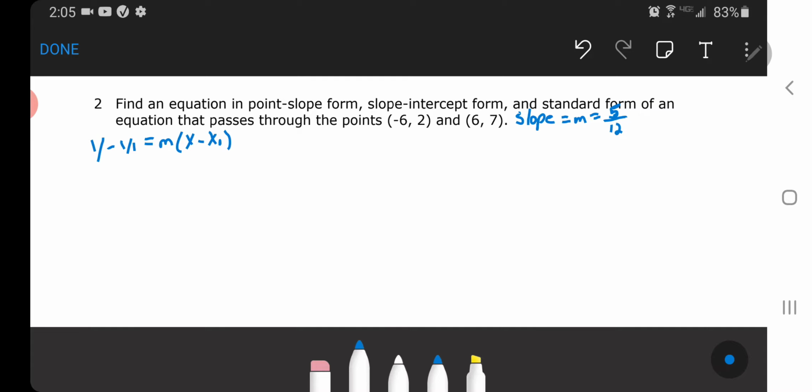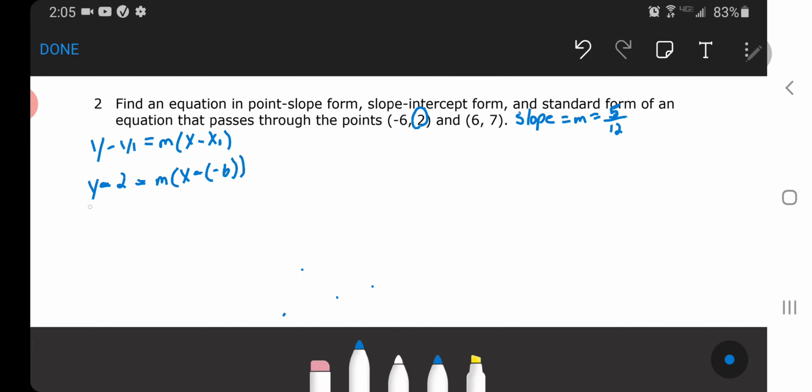So right now I'm going to call the -6, 2 my x1 y1. So I'm going to go y minus, make sure we get the y value, so the 2 equals m times x minus, make sure we get that x, so a -6.